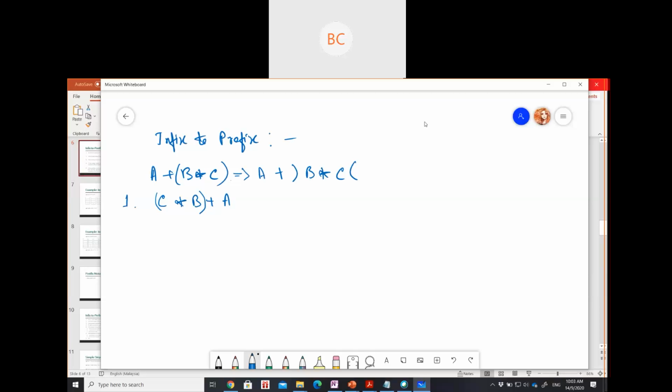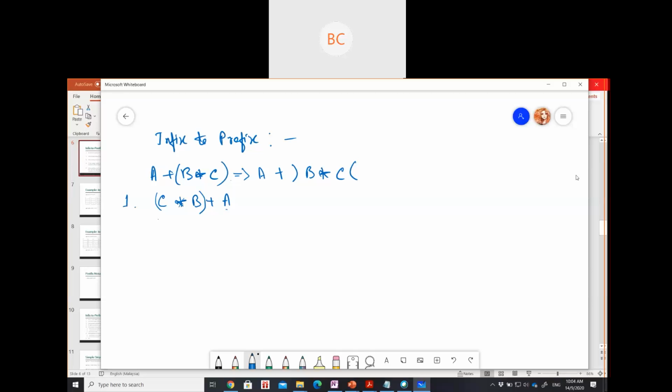Then after reversing it, it will become again right and left. So this one is confusing, don't think about it. Just remember everything will remain same. Even if there is a bracket, it will ultimately come in the same place. You just need to reverse the expression. So this is the expression, we need to convert it into postfix. Correct?